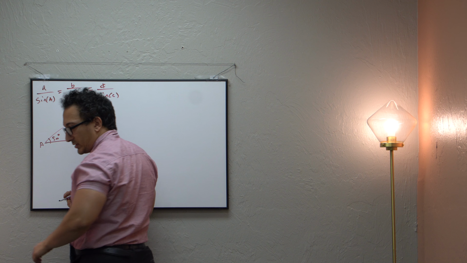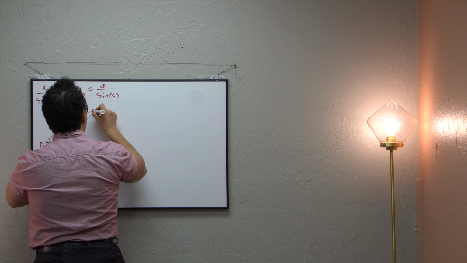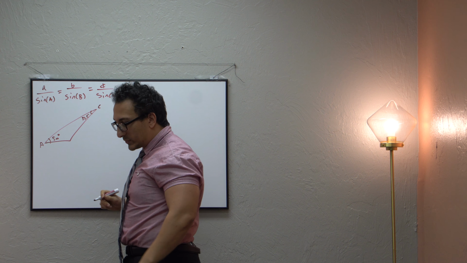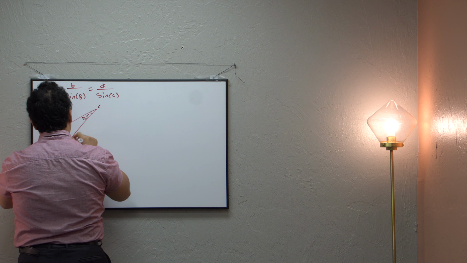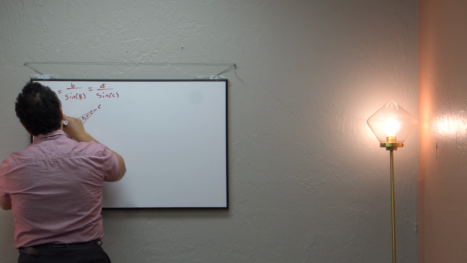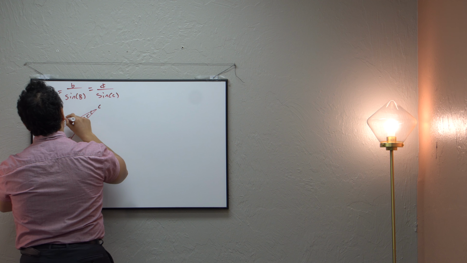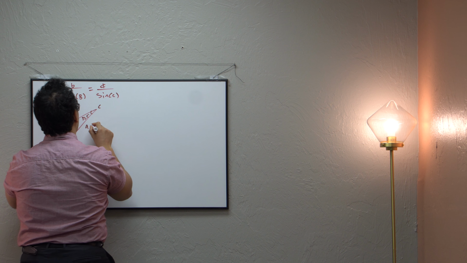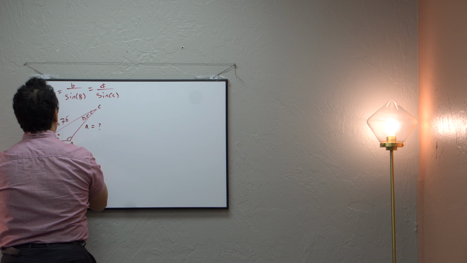And here our C is 33.5. And here's our B. We don't know it, but little b is equal to 76. But little a is an unknown, and little c is an unknown.